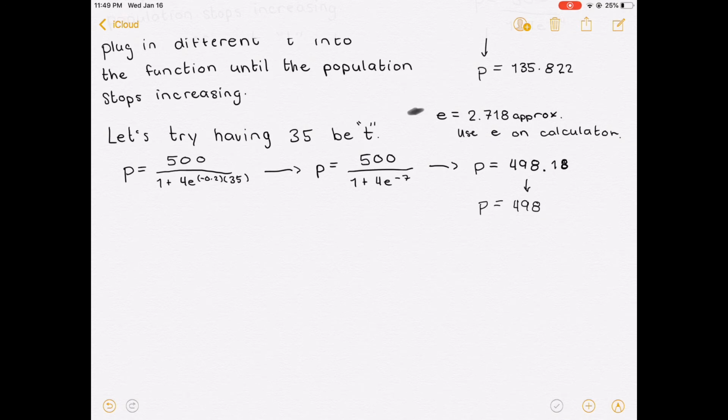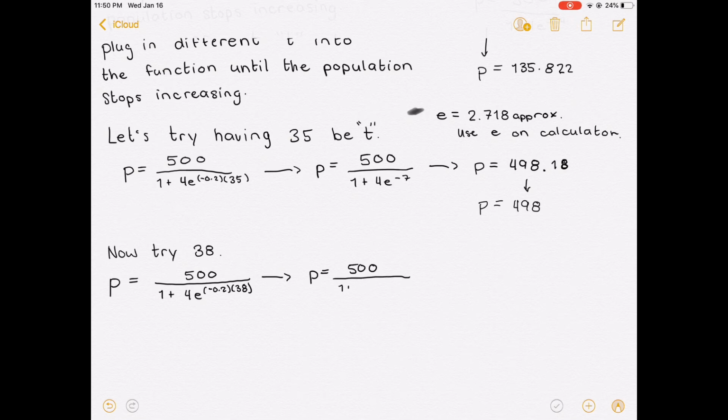So let's try another t. Let's see, maybe just a little bit higher. See if we can get the right amount of population. Let's try 38. Why not? Plug it into your function, and it should look something like this. P equals 500 divided by 1 plus 4e to the exponent of -0.02 times 38.